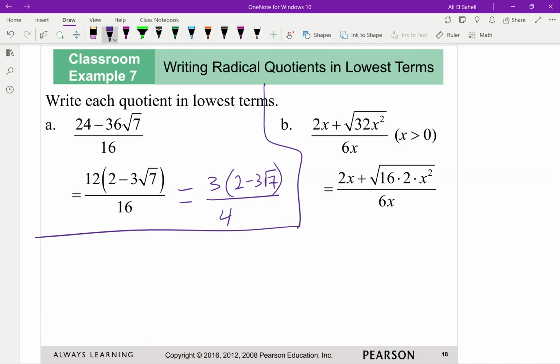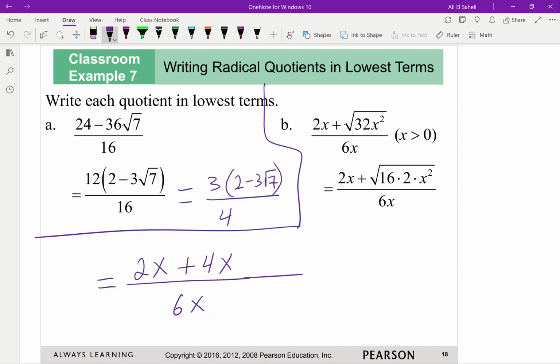Now over here we have 32, which is 2 times 16. This is a radical square root, so the 16 comes out as 4. Radical 16 is 4. So we have 6x, 2x plus 4, that's the radical 16, and radical x squared is also x.